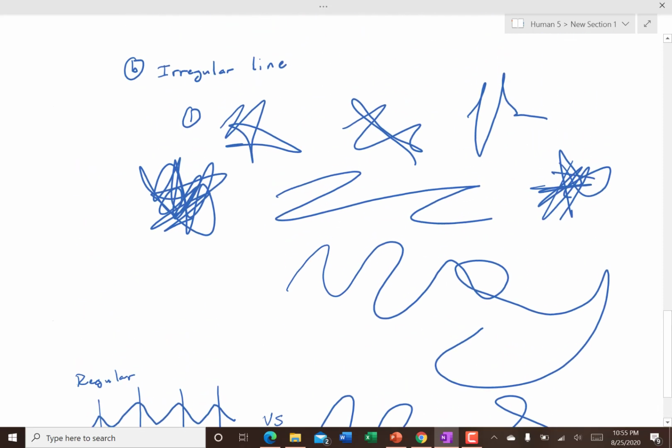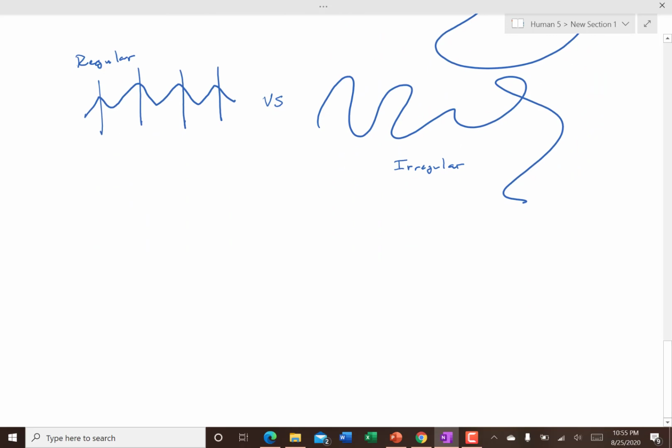And that's one of the, here, we'll put 2 here. Irregular lines seem to provide a sense of chaos and disorder. They can seem wild. This tends to be more reflected in nature or organic.